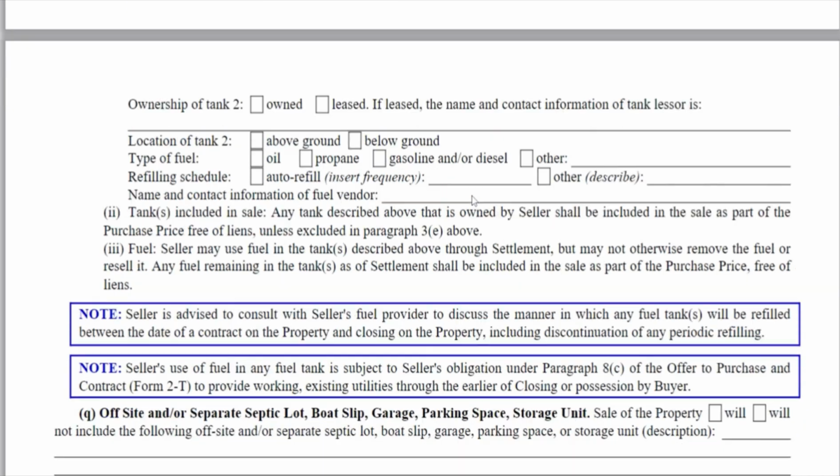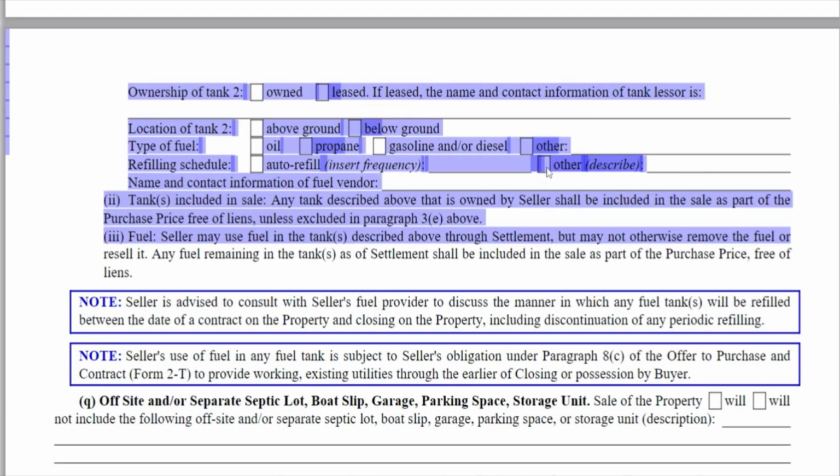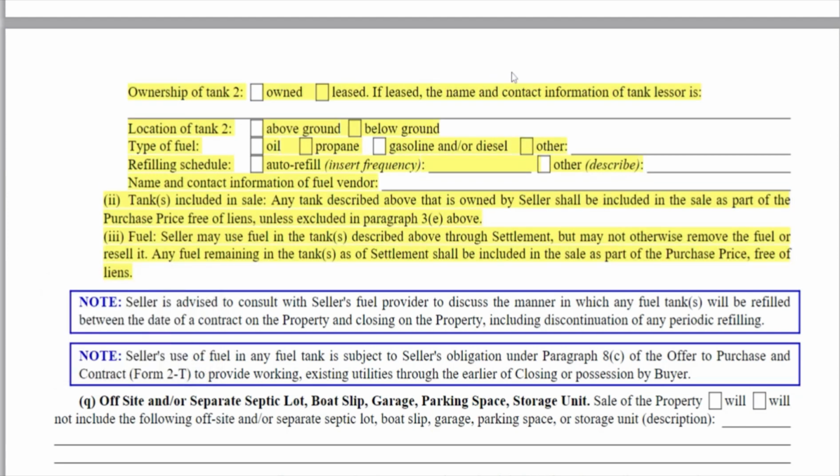Okay, we're at the top of page 9, just a continuation of the tank, the fuel tank. And we are here where it says tanks included in the sale. Any tanks described above that are owned by the seller shall be included in the sale as part of this purchase free of lien, unless excluded in paragraph 3 above.